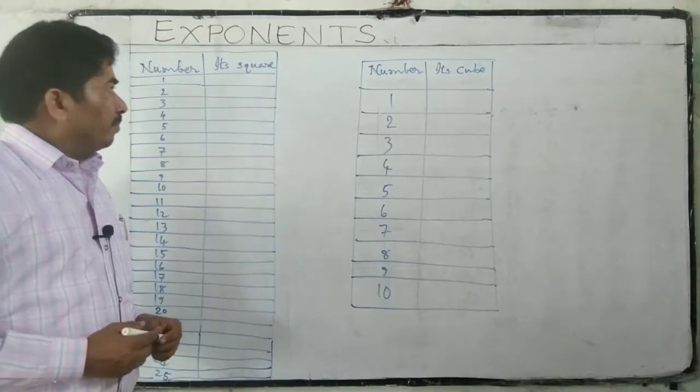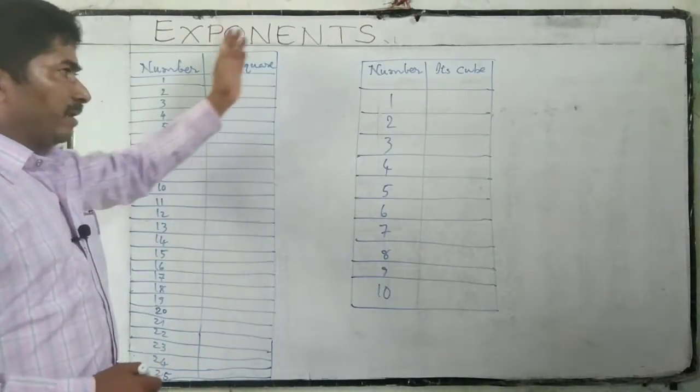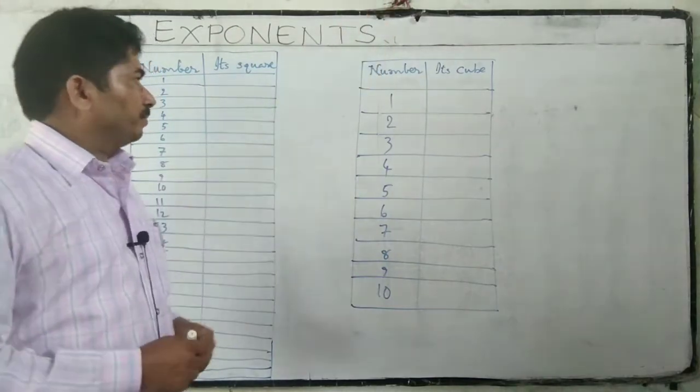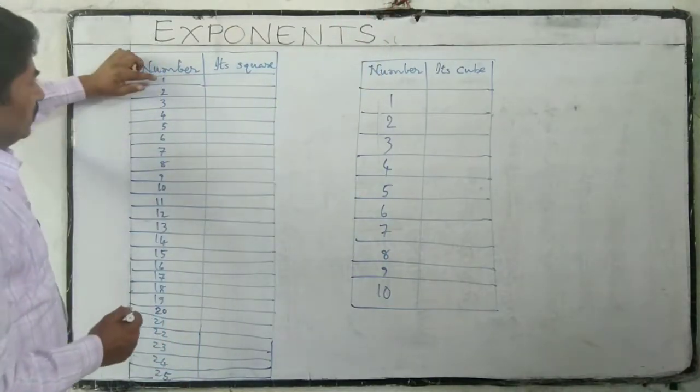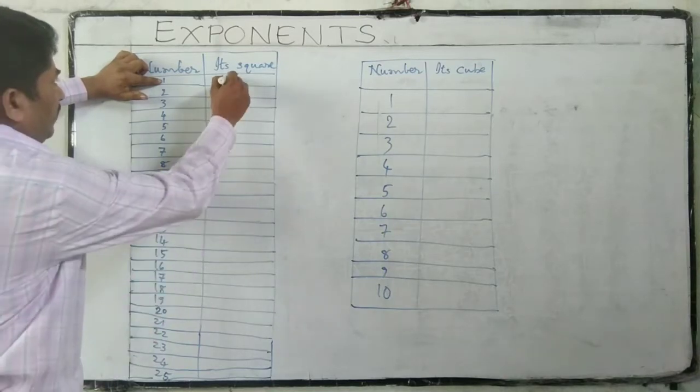Here we have to know a few numbers and their squares, cubes. Square of 1, 1 ones are 1.